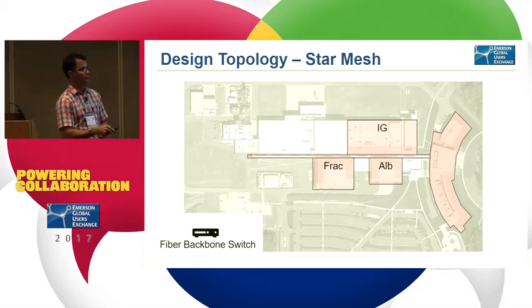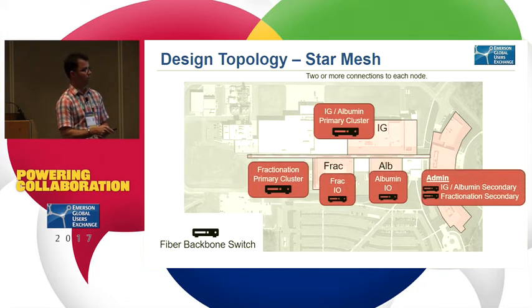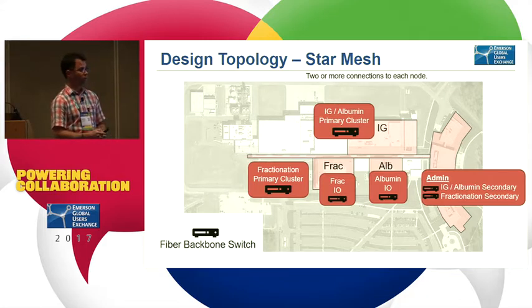So we have an MDF located in this administrative building, which is represented here. We have another MDF located in this other building, the fractionation building. This building also has an IDF where we have the PCS / DeltaV servers located. Each manufacturing building has its own cluster for its specific servers.